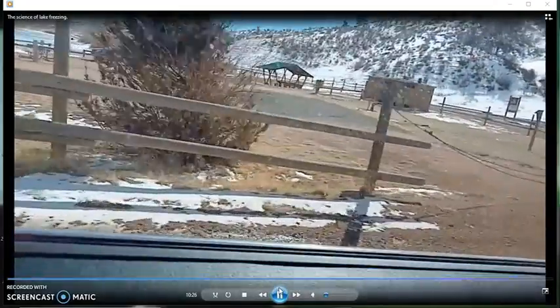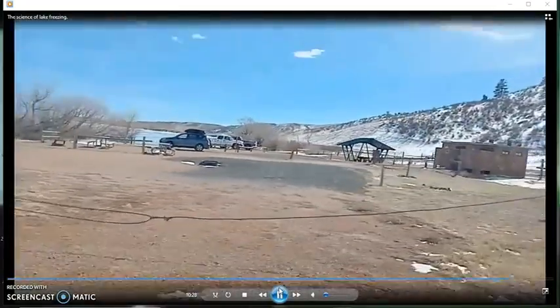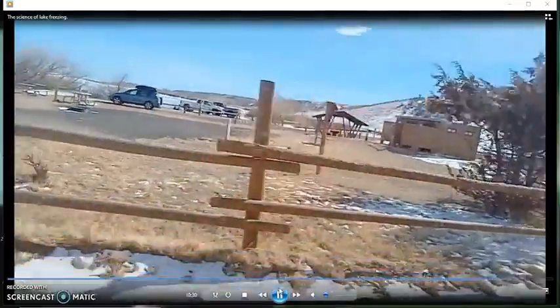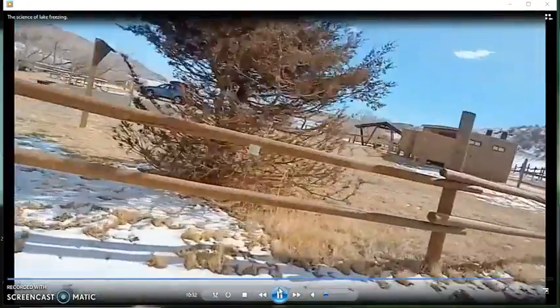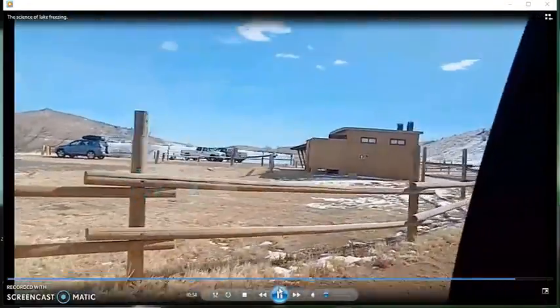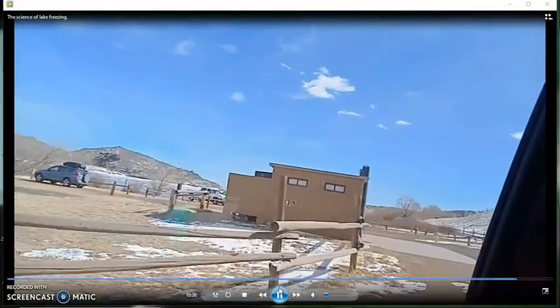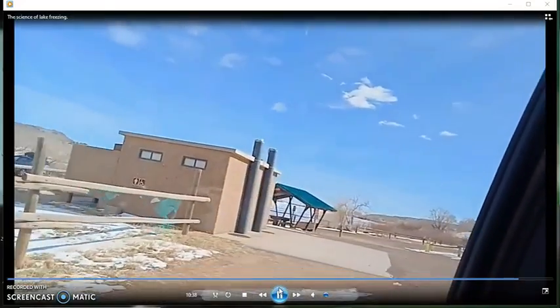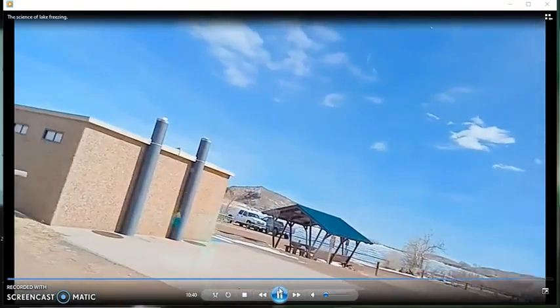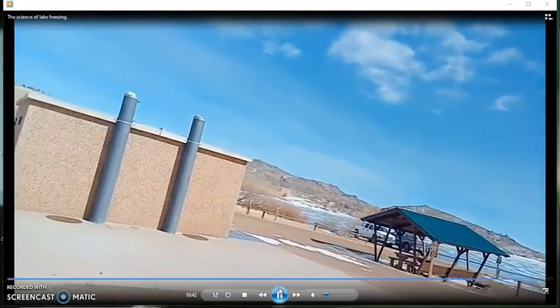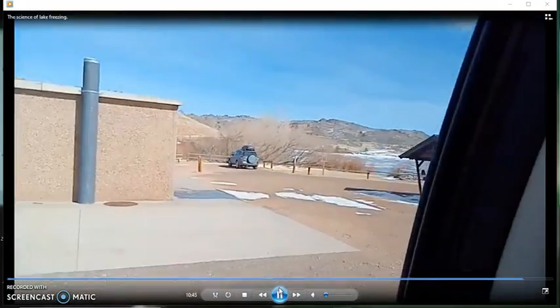So, warmer water fish survive at 25 degrees centigrade or 77 degrees Fahrenheit, and colder water fish survive at 10 degrees centigrade or 50 degrees Fahrenheit.